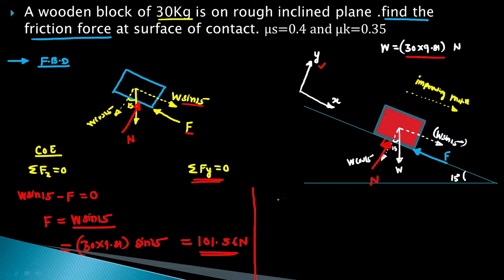For summation Fy, this is the normal reaction along the y direction. Then W cos 15 is in the negative y direction, so minus W cos 15, equal to 0. Only two forces. From this we get the normal reaction N equal to W cos 15.